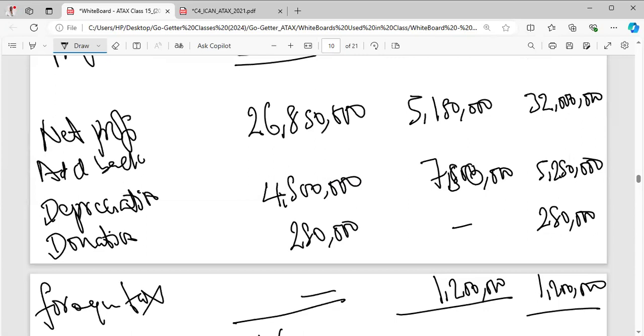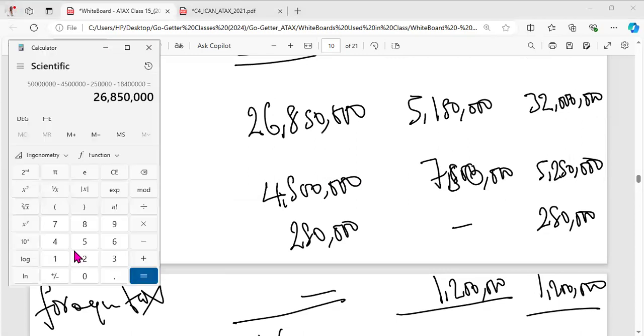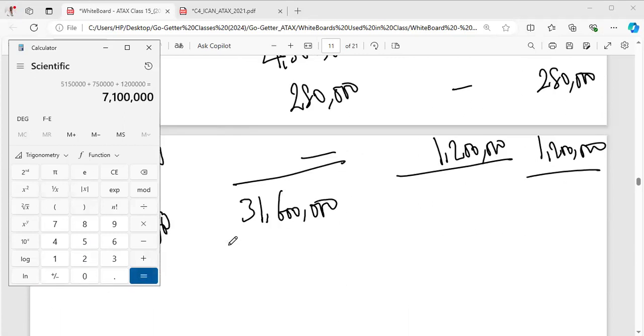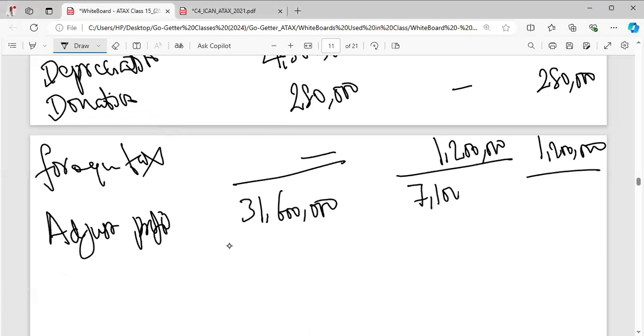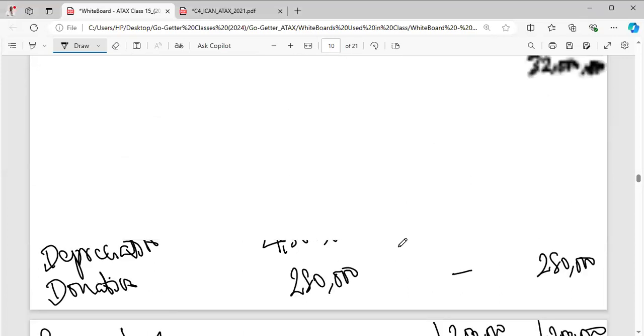So let's do the second one, which is Ghana. 5,150 plus 750 plus 1,200,000. That gives me 7,100,000. And let's look at the last one.